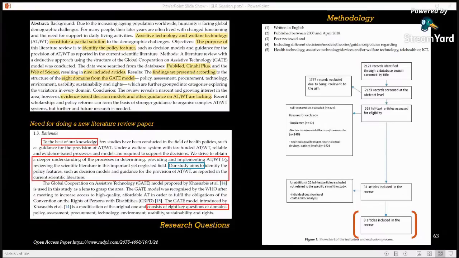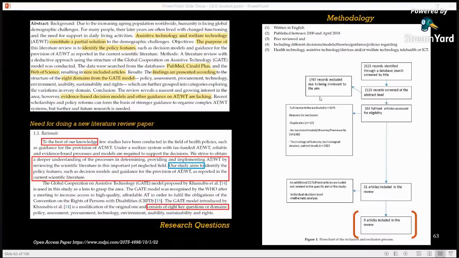We strive to obtain a deeper understanding of the process in determining, providing, and implementing these topics by reviewing the scientific literature." So that sentence here gives the background or the justification for doing this research.